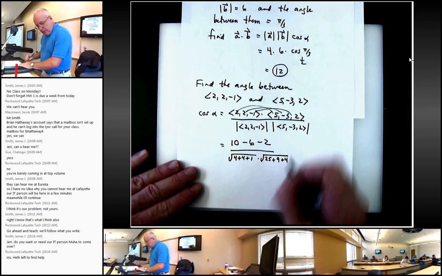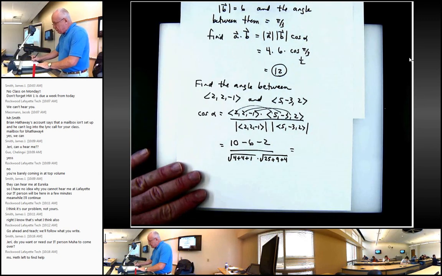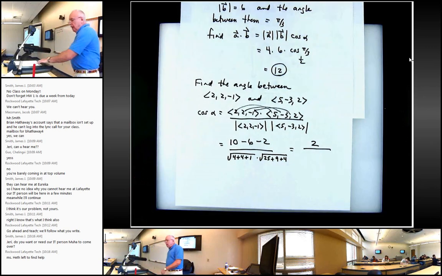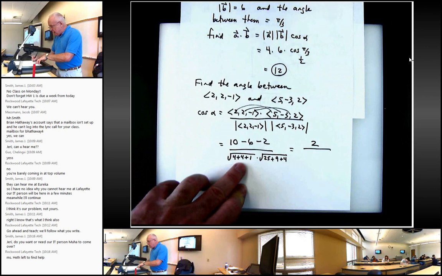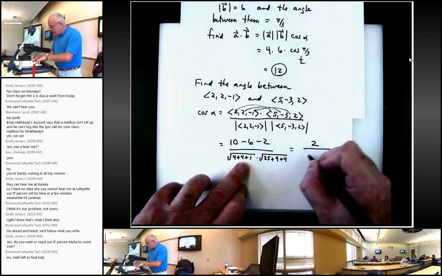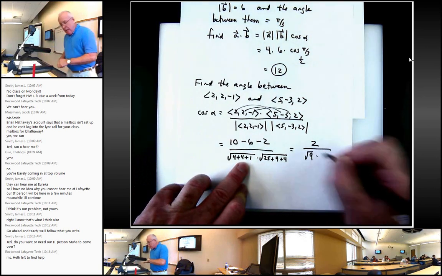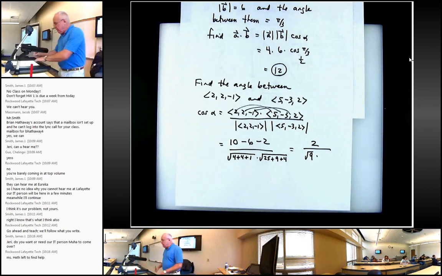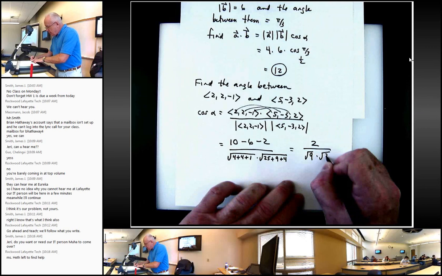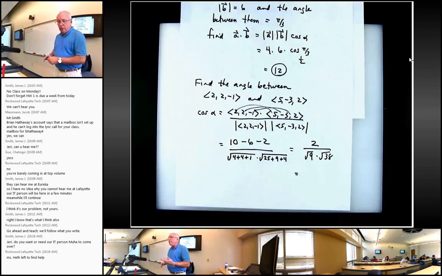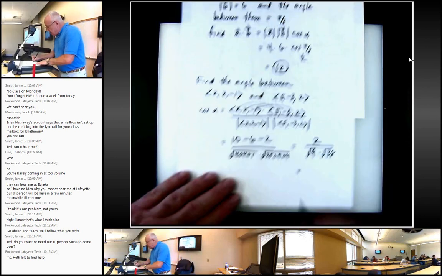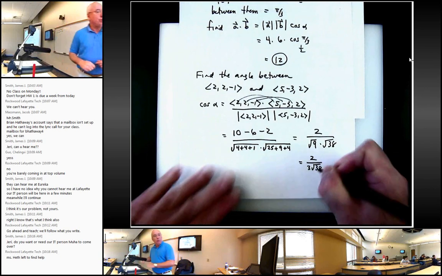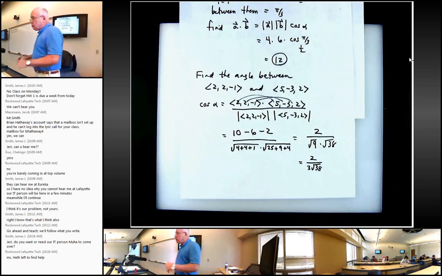So let's see what we get here. 10 minus 6 minus 2, that's 10 minus 8, so we get a 2 on top. And then 4 and 4 and 1 is 9, so we have the square root of 9, which is 3. And the other one, 25 plus 9 plus 4 is 38. So we have 2 divided by 3 times the square root of 38. Now this is the cosine of the angle.